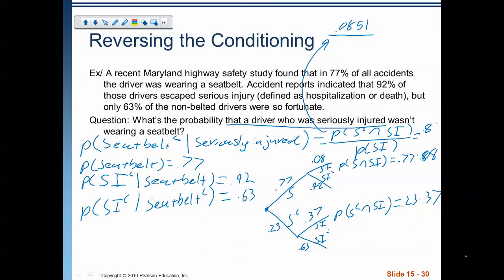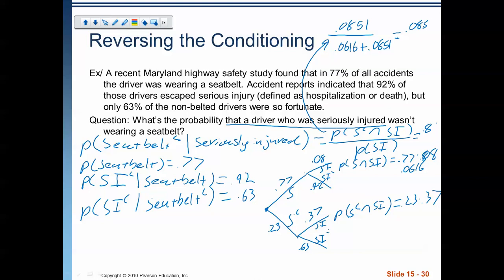Yep, because we're going down the tree, always multiply on the branches. What's 0.77 times 0.08? 0.0616. So probability of being seriously injured is 0.0616 plus 0.0851.